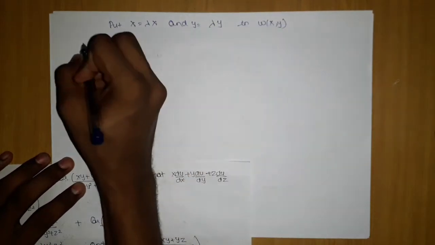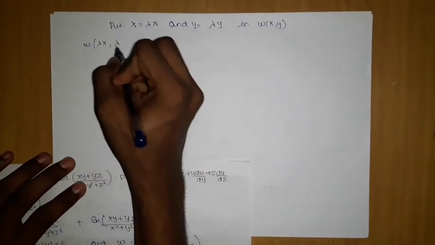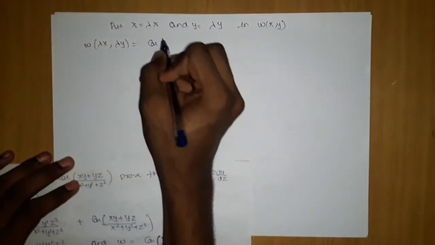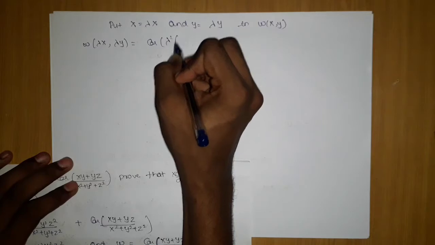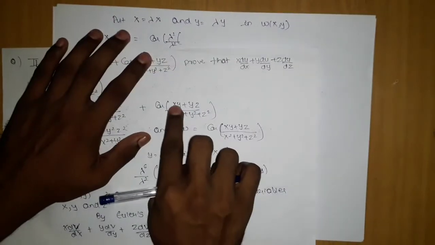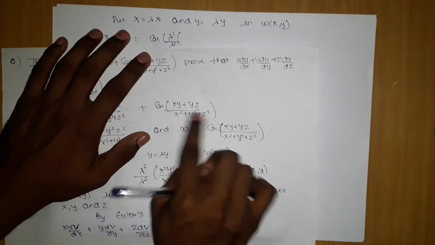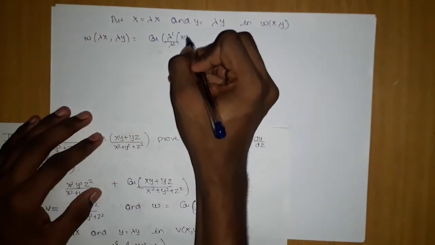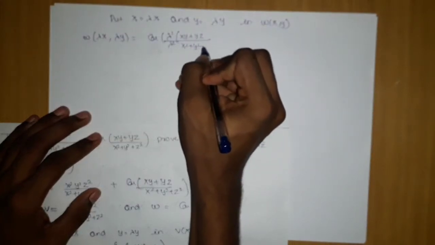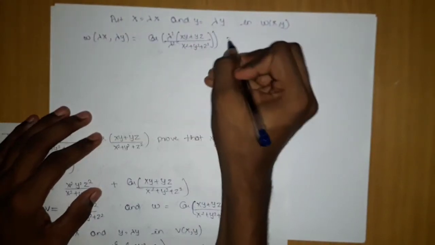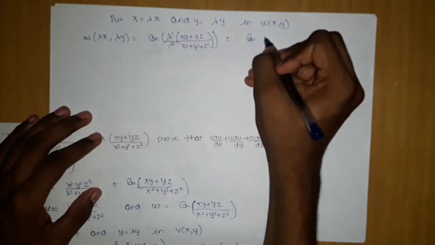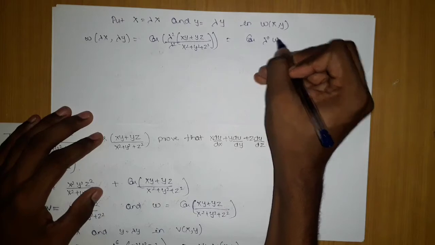The moment you put it, you will get w of lambda x, lambda y equals cos of, here lambda square will come outside, and from here also lambda square will come outside, because you can see it is xy and yz, so square will come outside, here also square will come outside. So cos of lambda square times xy plus yz the whole upon x square plus y square plus z square, and you are left with lambda power 0 times w of x comma y.